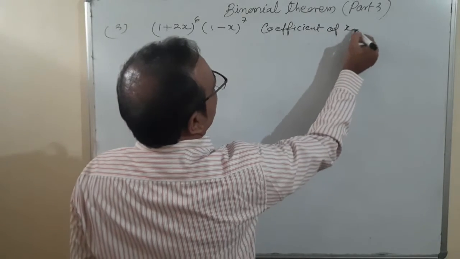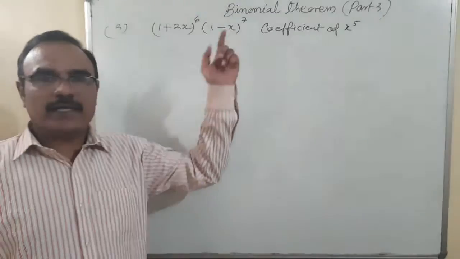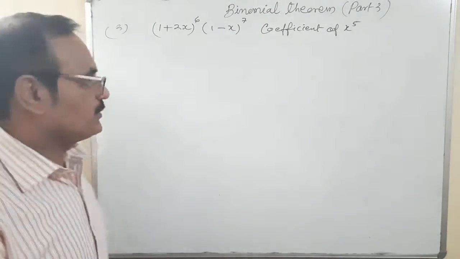Coefficient of x to the power 5. Okay, this is the question. We have to expand both, and after that we are selecting the coefficient of x to the power 5.